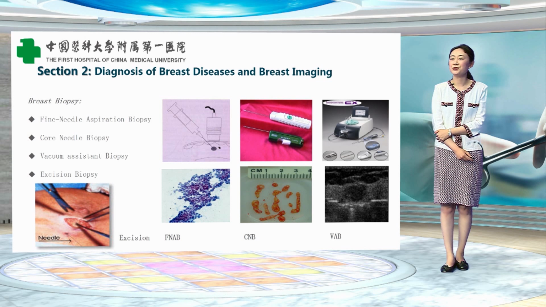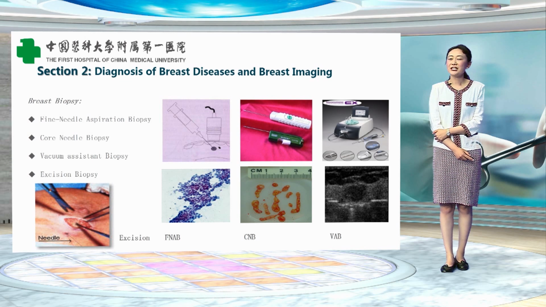It's a common tool used in the diagnosis of breast masses. It can be done with a 22 gauge needle, so it is very convenient. The shortage is that the aspirate must be properly prepared on a slide for cytological examination. The tissue is too little.